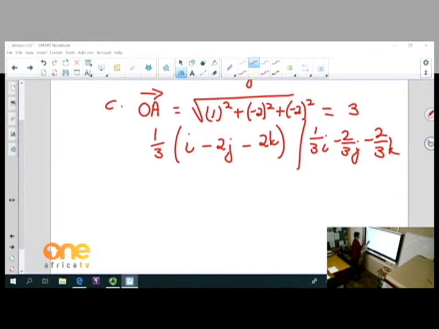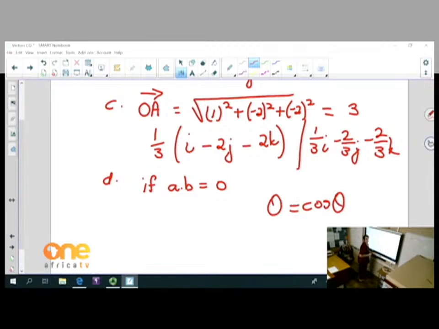Then at number D, they ask you now to show that the angle is 90 degrees. Now we know if A dot B is equal to 0, then we get that 90 degrees. Why? Because you want to calculate cosine theta is equal to 0.